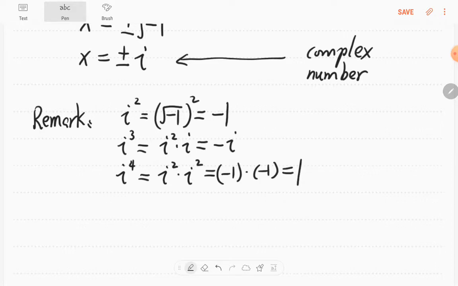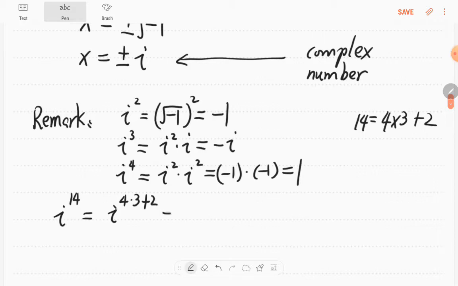If the power is greater than 4, then we need to divide this power by 4, then locate the remainder. What does this mean? If you have I to the 14, we know that 14 can be written as 4 times 3 plus 2. So it can be written as I to the 4 times 3, plus 2.